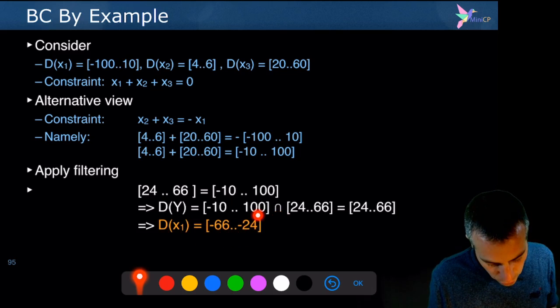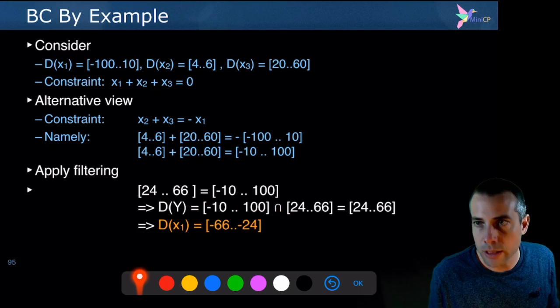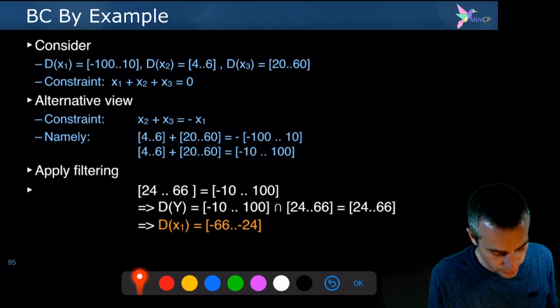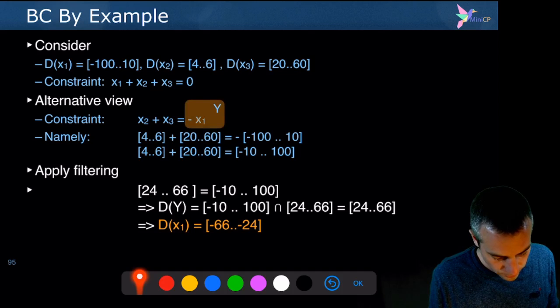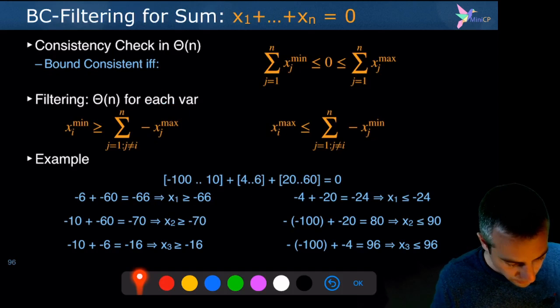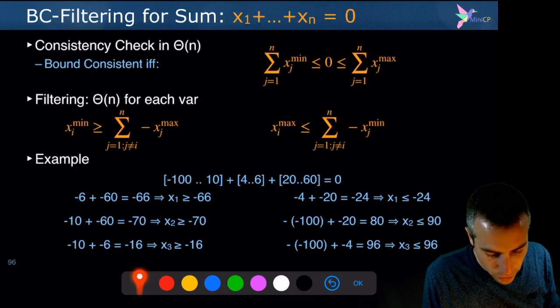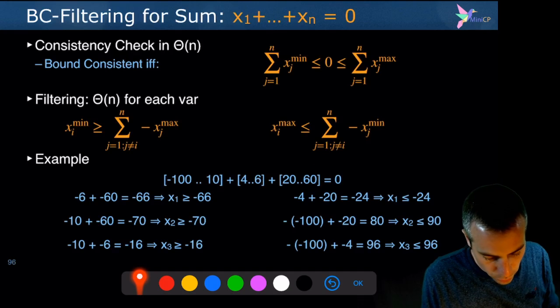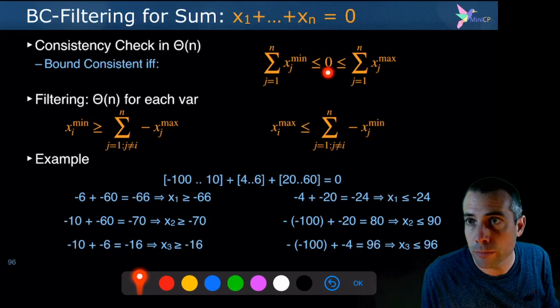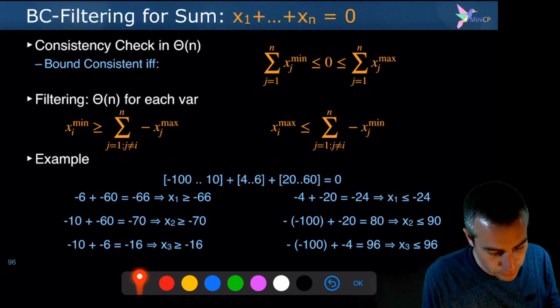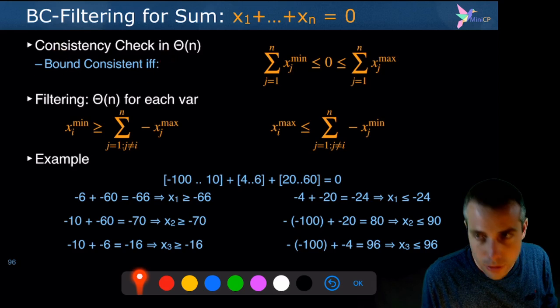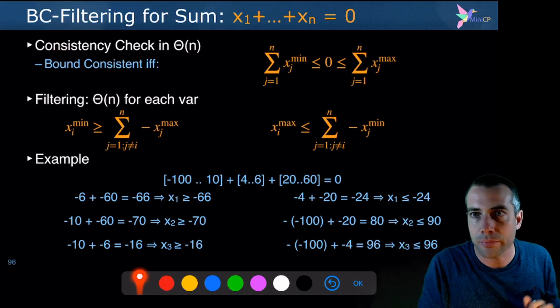So clearly, you can do this kind of reasoning quite efficiently inside an algorithm. The consistency check of the constraint will simply do the addition of all the minimums of the variables, and all the maximums. And if 0 is between the sum of the minimums and the sum of the maximums, then you can say that there is at least one solution to the sum constraint if you consider that all the domains are ranges.